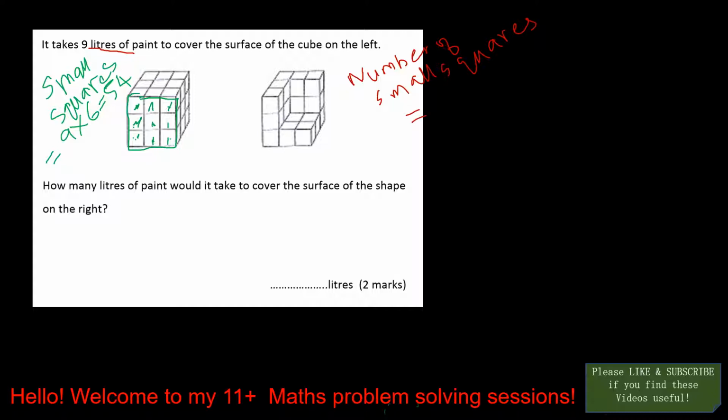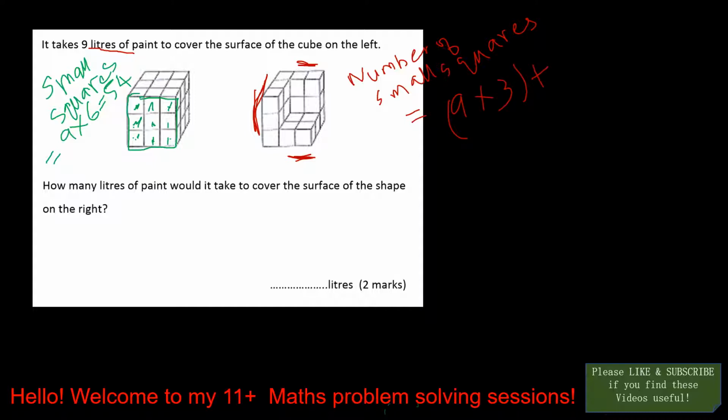Okay, so that's what we will write, and we counted here the small squares are 54, and the number of small squares here is going to be, now we can't see, there are 9 squares already, because this face already has 9 squares. This face has 9 squares, the face that we cannot see. At the bottom, this face has 9 squares, so it is already 9 times 3.